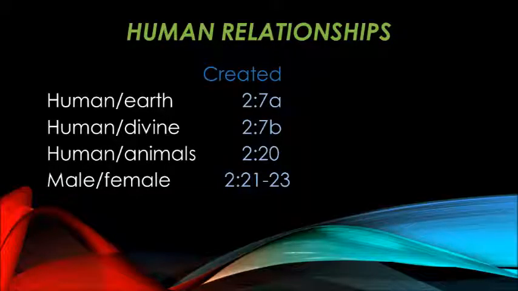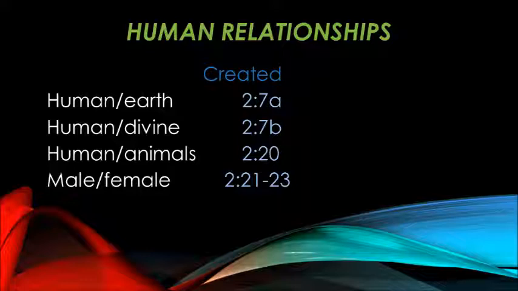While chapter 1 takes a cosmic view, looking at the universe almost from above, chapter 2 takes a much more human, earthy view. And in fact, chapter 2 is very concerned with human relationships. As you read through the narrative, you find that the man is made from dirt, from the earth. He has a relationship to the earth. The human also has a relationship to the divine because the divine breath, the Spirit of God, is breathed into him.